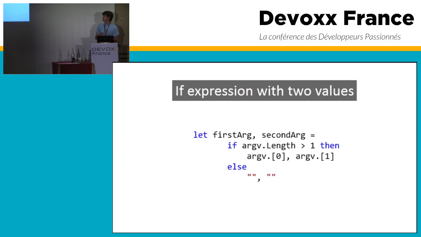And in fact, in functional languages, we have a very simple way of doing that. We just return two values at the same time, a tuple. And then we can straight away unpack those values, or we could have captured them in a single identifier if we'd wanted a tuple.